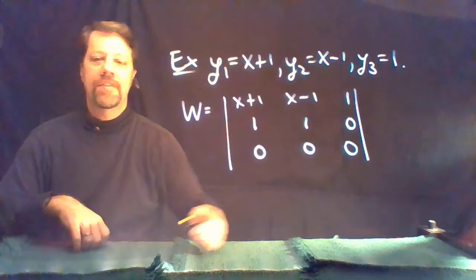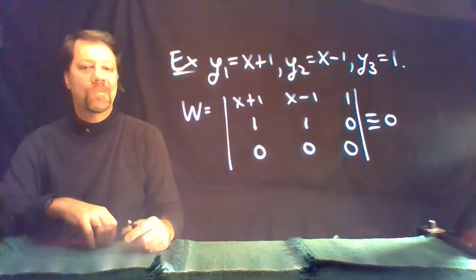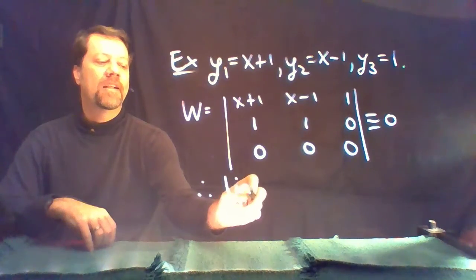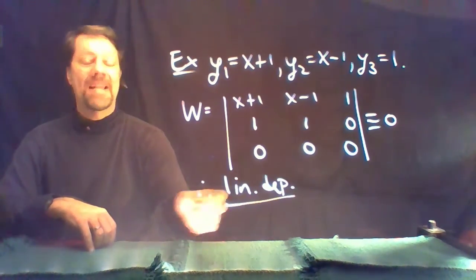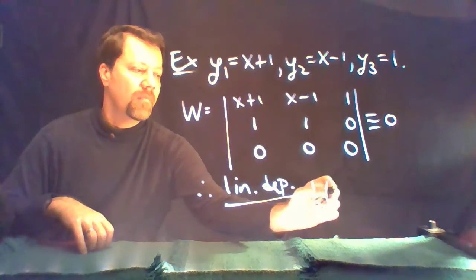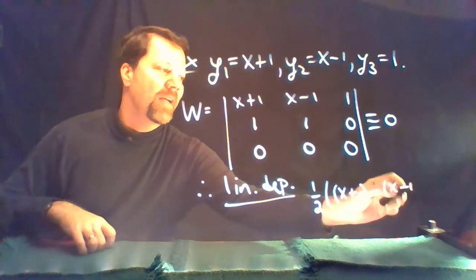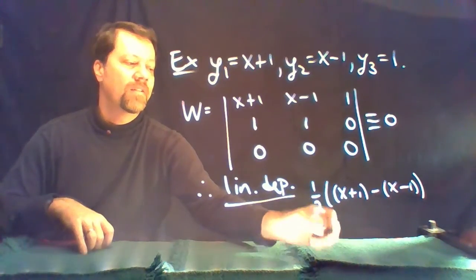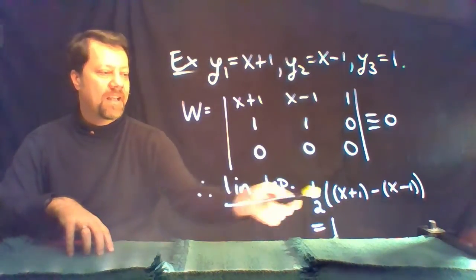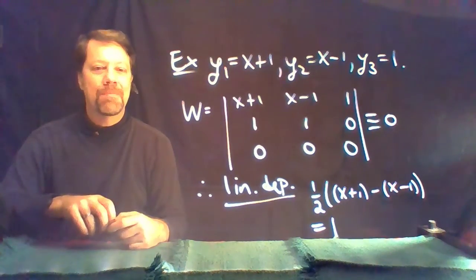Since one row of this determinant is all zeros, the Wronskian will be identically 0, and that means these functions are linearly dependent. But you can see that because if I take the average of x plus 1 minus x minus 1, I get 1. That tells me that the third function, y3, can be expressed as a linear combination of the other two, so they are obviously linearly dependent.